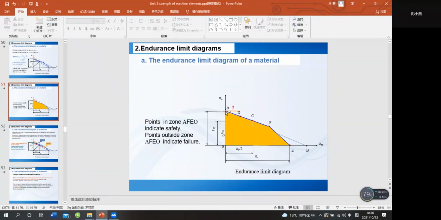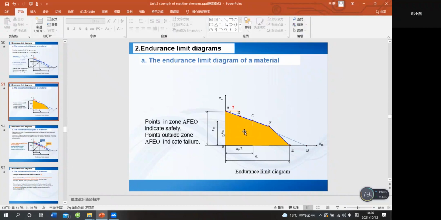For point A, the stress ratio is -1. For points B and E, the stress ratio is 1. For point C, the stress ratio is 0. And through test, we can obtain the coordinates of points A, C, B, E.